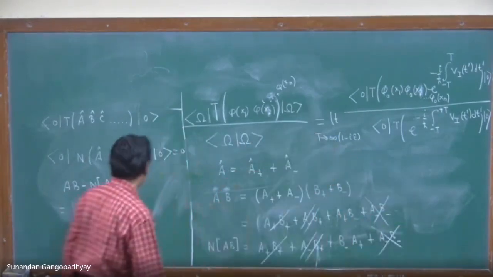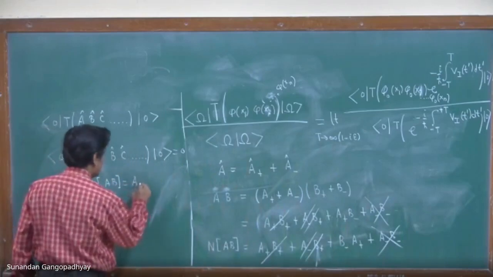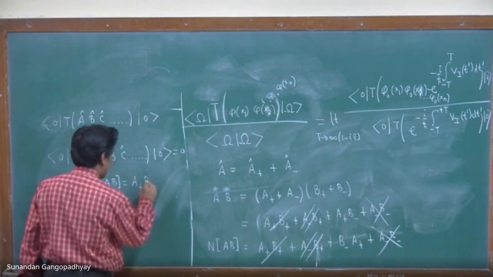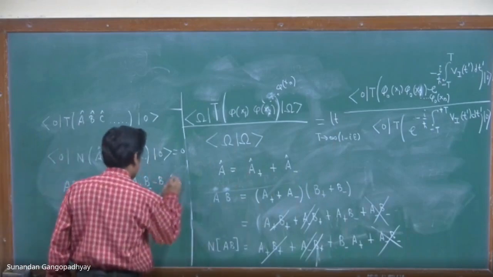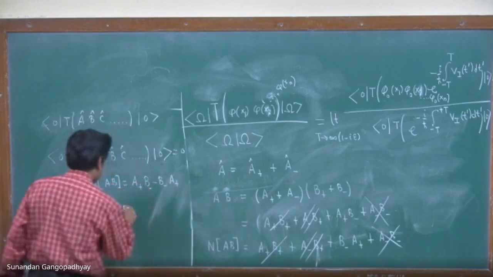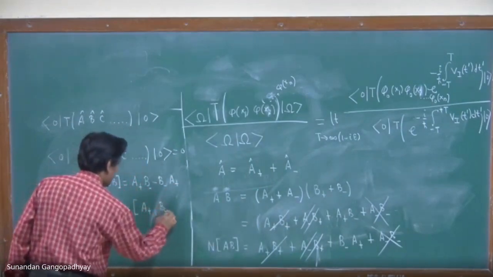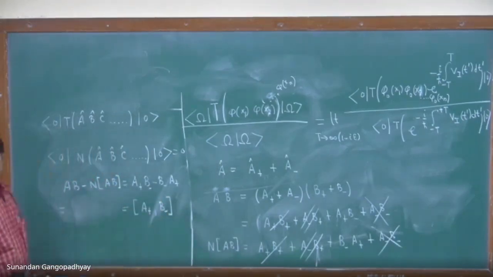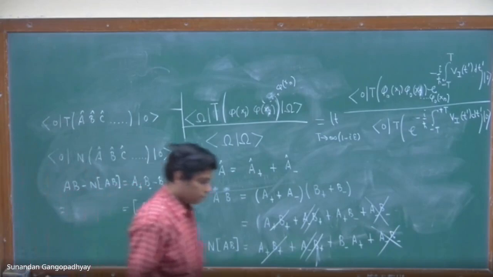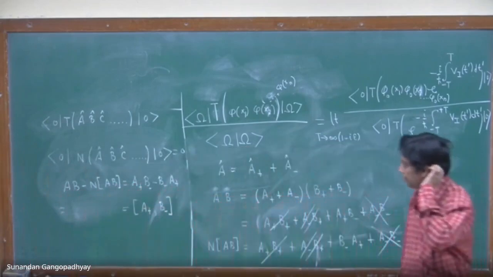Therefore, you will get A plus B minus minus B minus A plus. Therefore, this is equal to nothing but the commutator of A plus and B minus. Is this okay? Are you okay with this? Good.